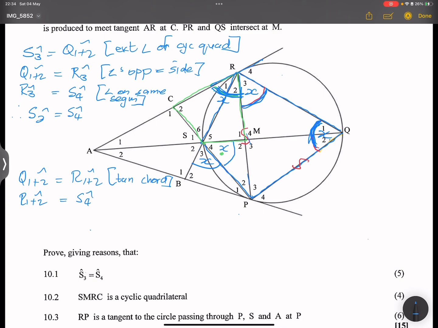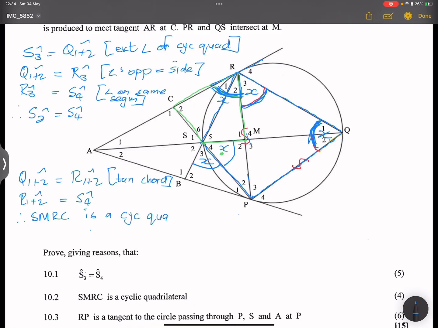And therefore, it means that SMRC, you remember what we said? We said we needed to prove that they are equal. And so now we can say that SMRC is a cyclic quad.